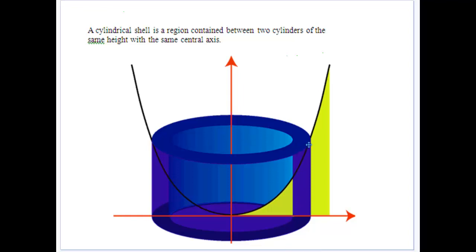We get our curve and it's rotated around a line, in this case an axis. So we get a shell-type cylinder created, and a whole bunch of them getting created inside each other.